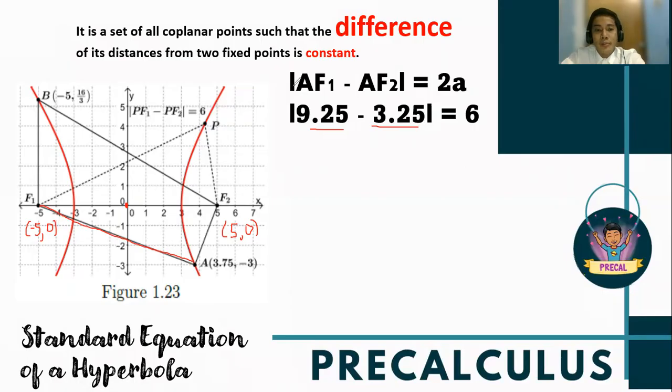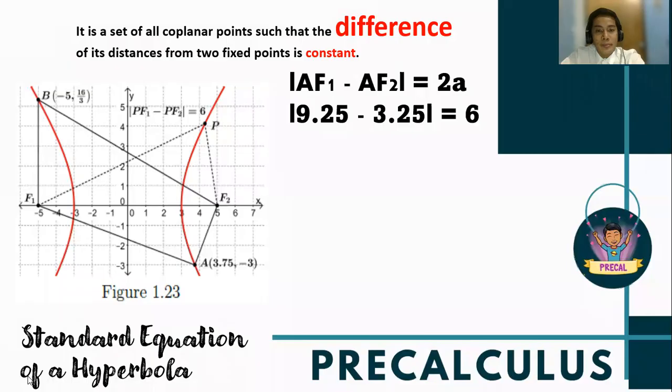Then following the formula, we get the absolute value. That is 6, and the absolute value of 6 is 6. Notice that 6 is our distance to A because from 0 to -3 and from 0 to 3 is the distance, which is what we know as the transverse axis. So it is equal to the transverse axis.